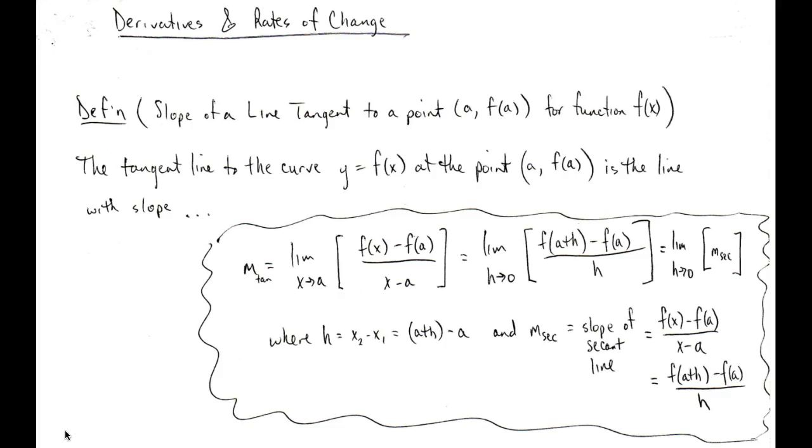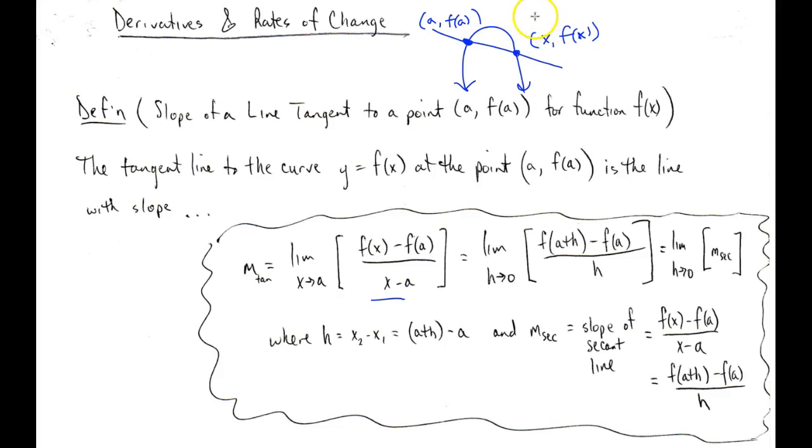In this form, I'm going to draw a function here. Let's say I have this point and I have this point. This could be the point a, f of a, and this point could be the point x, f of x. If I have a line through there, the slope is going to be the rise over the run.